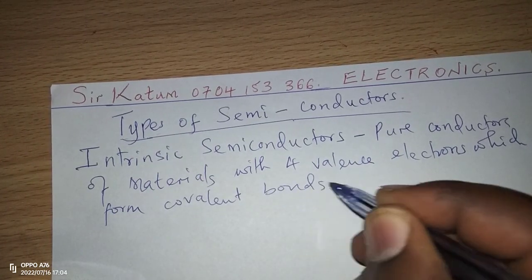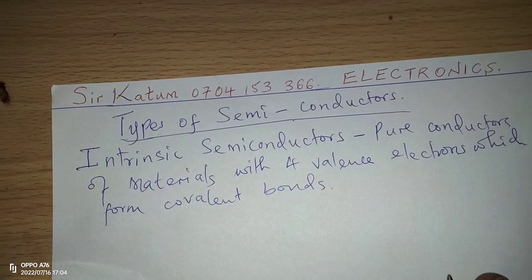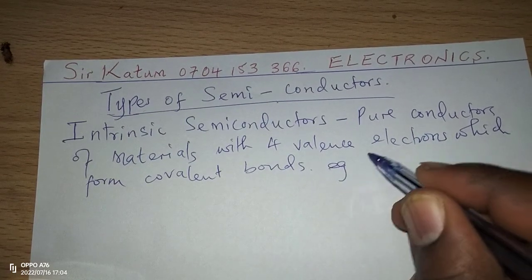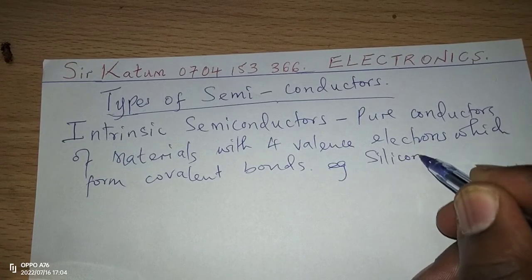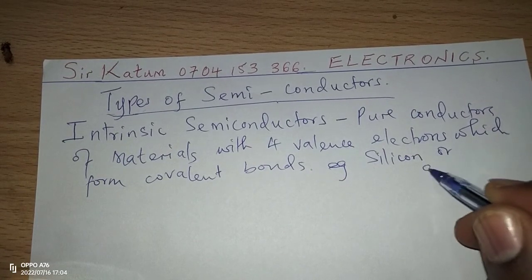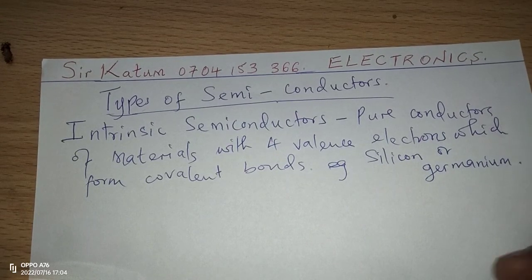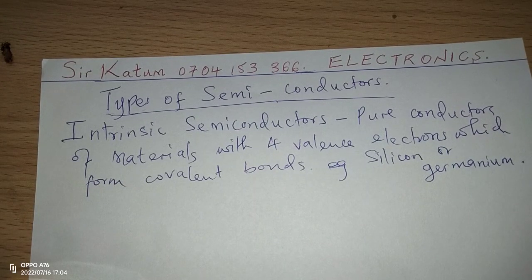So you find there is formation of covalent bonds in the structures of materials which have 4 valence electrons, or rather 4 electrons in the outermost energy level. Now these pure materials can be silicon, just to mention an example, or germanium. So we have these 2 elements whose structure has 4 valence electrons, and these electrons form covalent bonds.